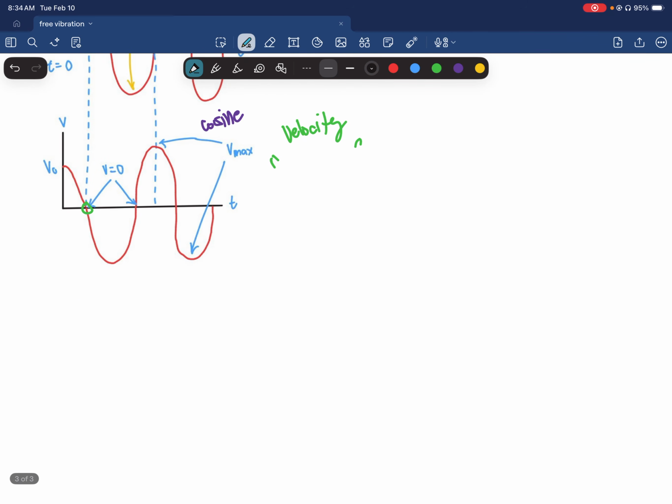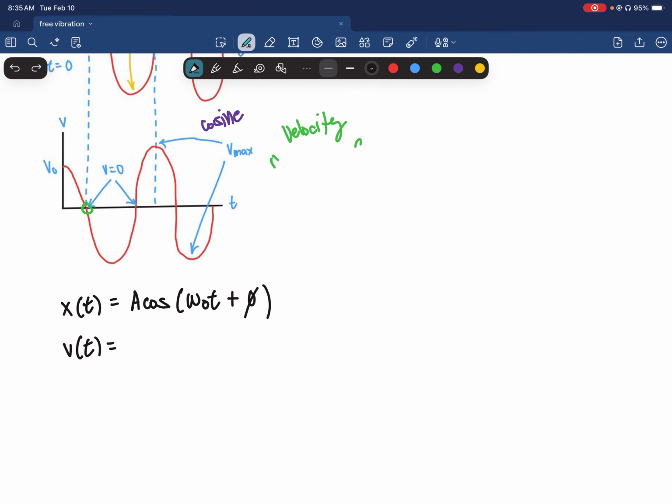Lagyan natin yung equations dito. So, x of t is equal to amplitude times cosine of omega naught t plus phi. Now, for the velocity, we just take the derivative. This is just the chain rule: derivative nitong loob, and then yung derivative nito.